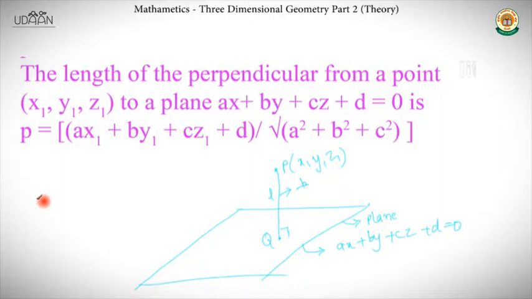This is actually obtained as a consequence of the distance formula. You need to remember this, which is always the length of the foot of perpendicular from a point to the plane.